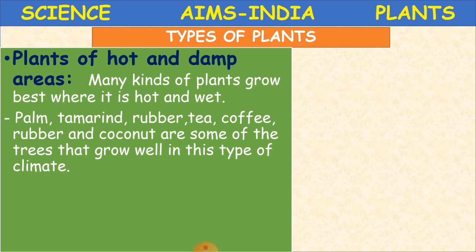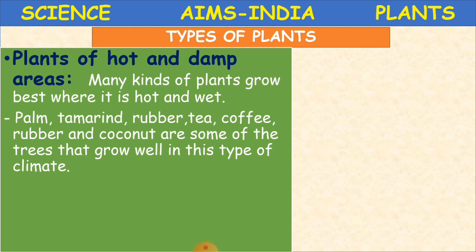Many kinds of plants grow best where it is hot and wet. For some plants this type of climate is much more suitable. What are they? Palm, tamarind, rubber, tea, coffee and coconut.